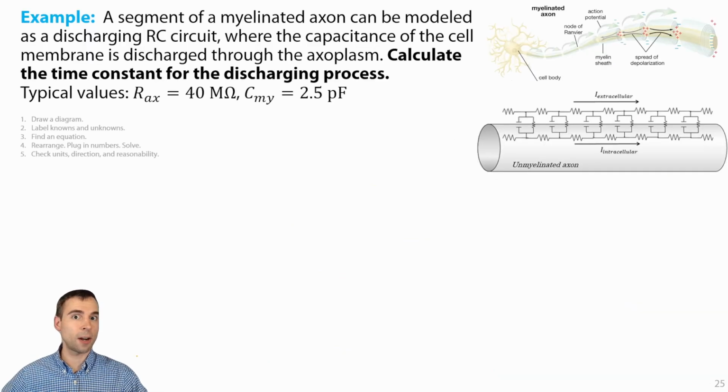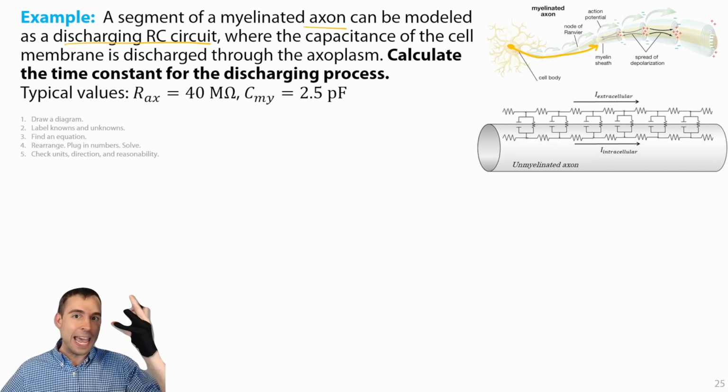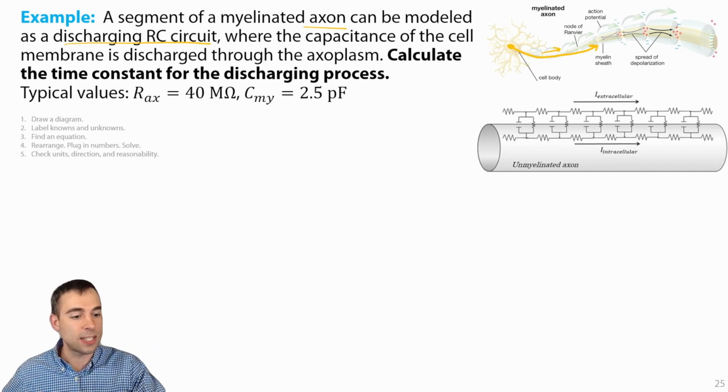So let's take a look at an RC circuit in a biological system. Here we have an axon, which is essentially like a wire in the nervous system that connects different neurons. It takes an electrical signal from one point of the brain and sends it down a nerve. And so this axon acts a lot like a discharging RC circuit. As an electrical signal is sent out from a neuron, it goes through this axon, and it gets boosted every time it goes past each of these little nodes.